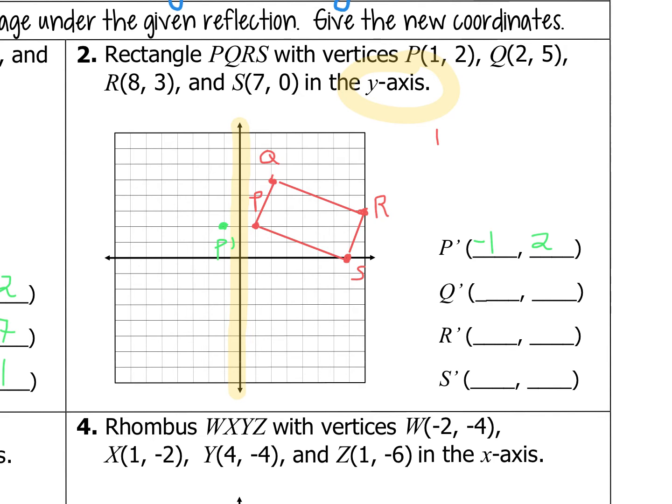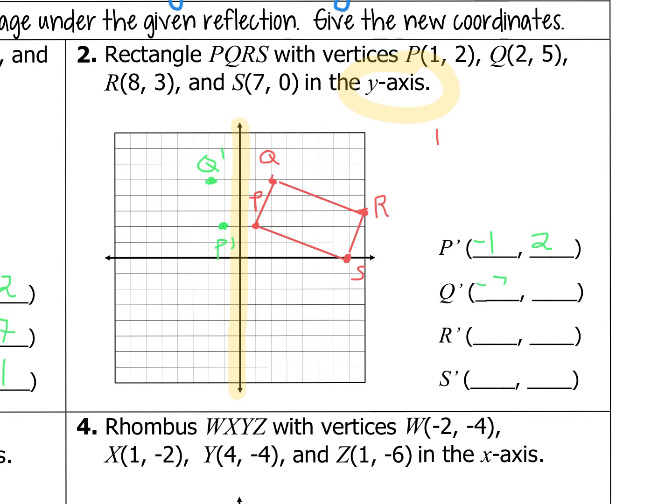And then for Q, Q is 2 units away, so go 2 units on the opposite side and plot your point. To identify that ordered pair, from the origin, we went left 2, but up 5.